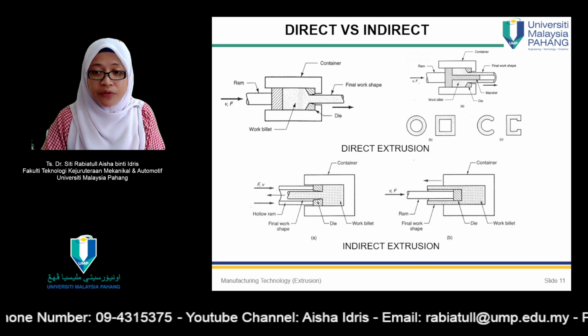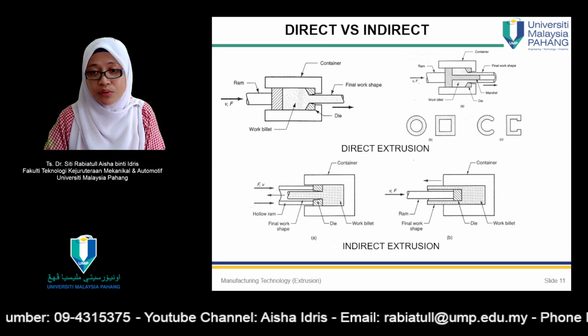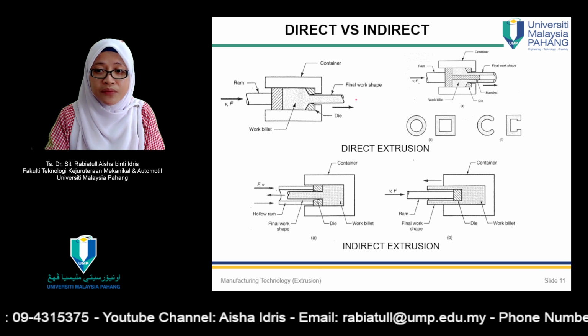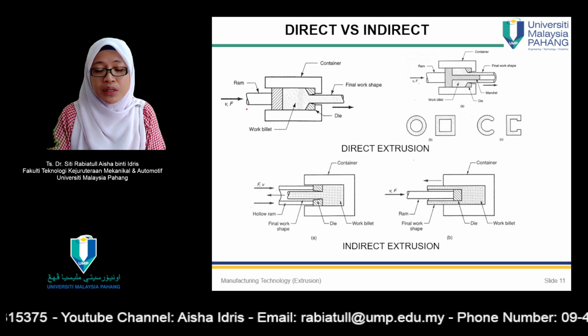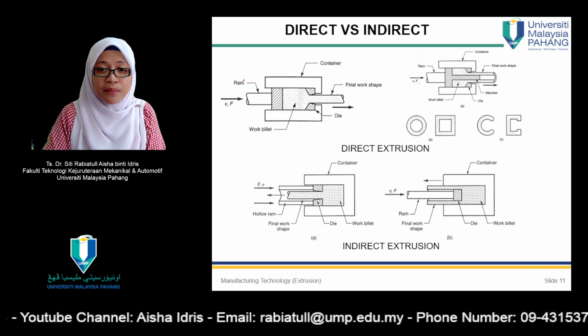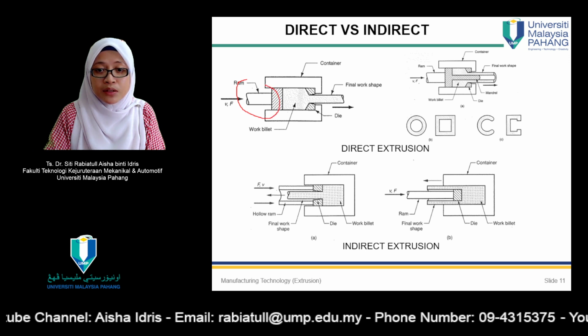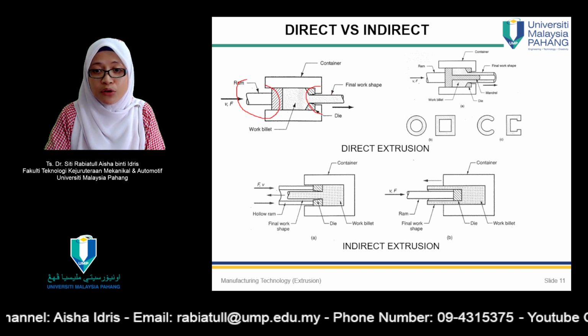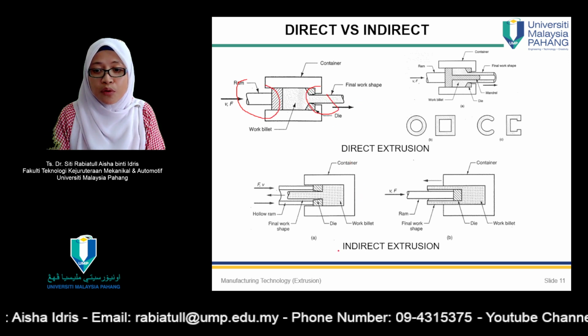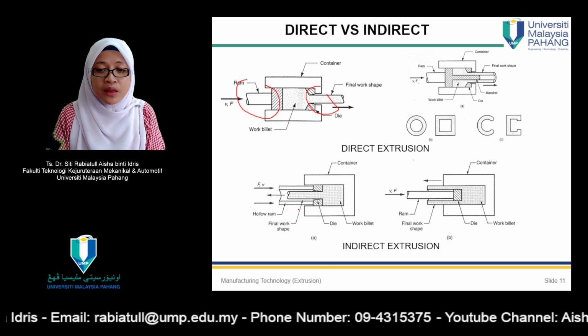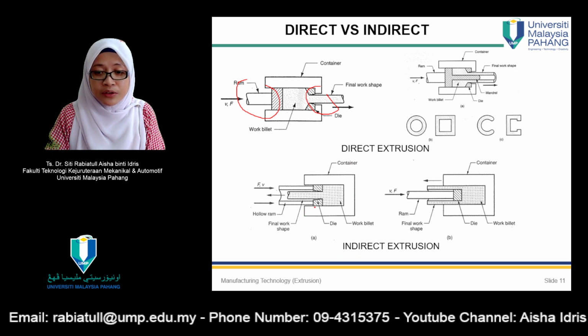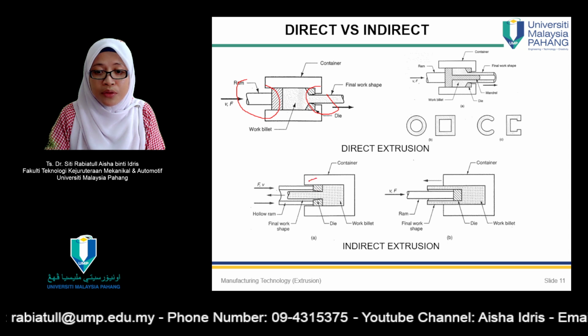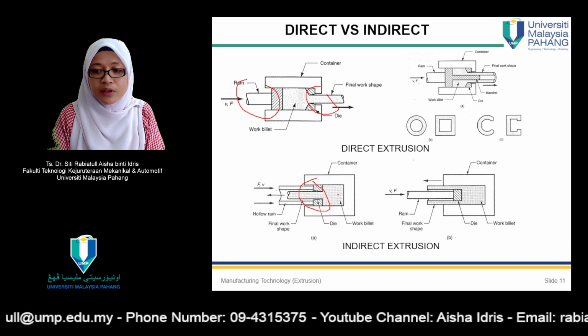And what will be the difference between direct and indirect extrusion is that if you can look at this figure here, for direct extrusion, you can see the location of the ram is opposite to the die location, whereas for indirect, the die is placed on the ram itself. Okay.